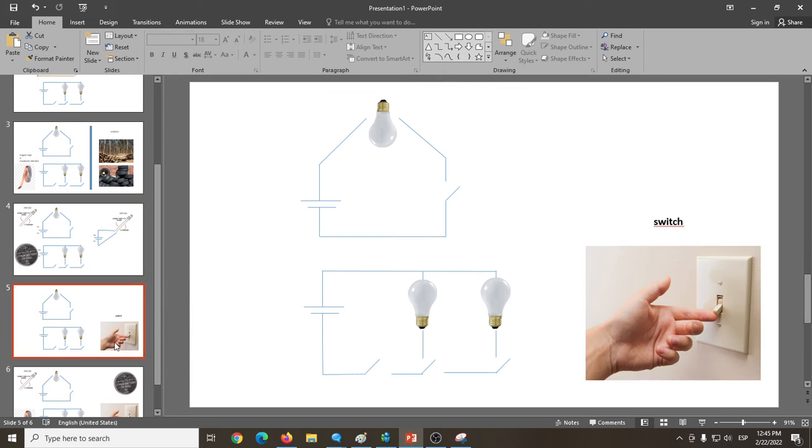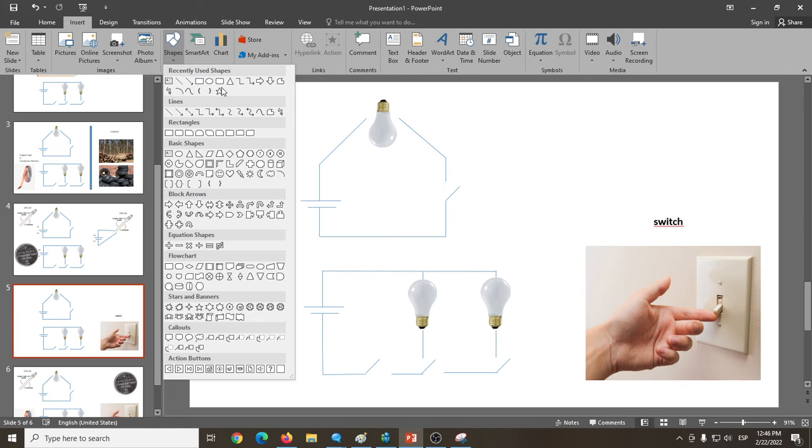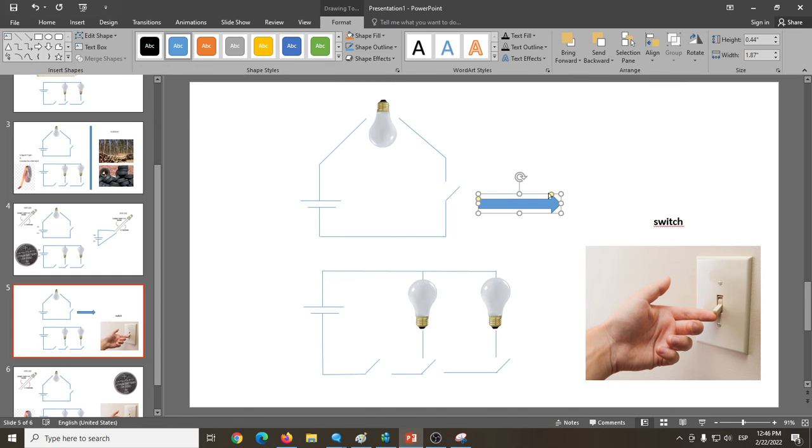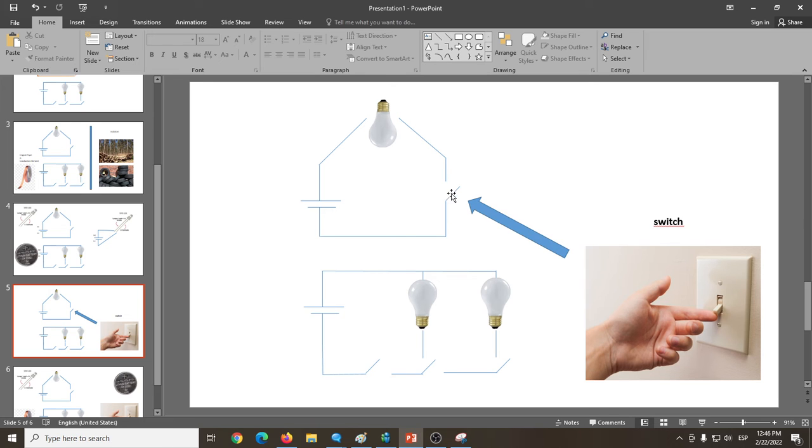Okay, now what is a switch? This is a switch. You can turn the lights on or turn the lights off. So let me add a line. So you have something like this. This is the switch, and this is the switch. Okay, so if you close the circuit, you can have the light on.